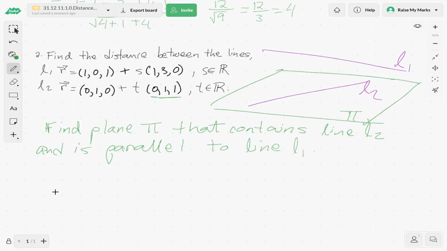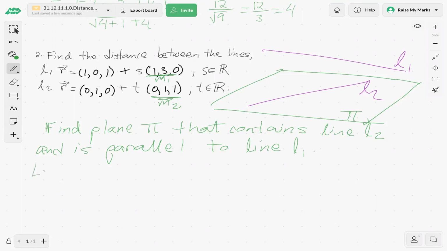We can take the direction vector for line 2, let's call that M2. And since we want it parallel to line 1, why don't we take the other direction vector to be the direction vector M1 given in line 1? Now that we have two direction vectors for our plane, we can find the normal to our plane.